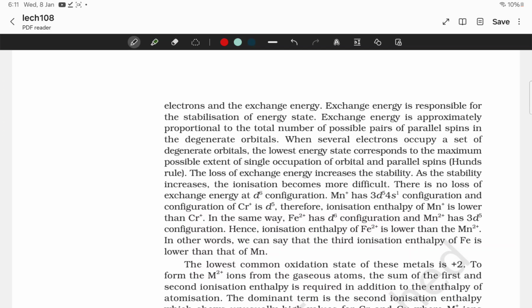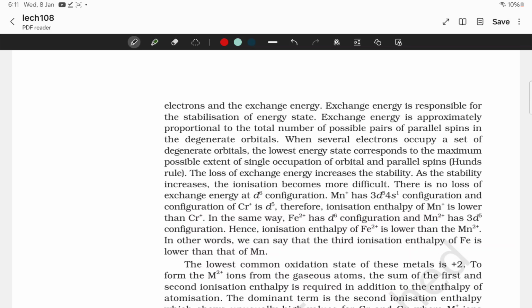Exchange energy is approximately proportional to the total number of possible pairs of parallel spins in the degenerate orbitals. When several electrons occupy a set of degenerate orbitals, the lowest energy state corresponds to the maximum possible extent of single occupation of orbitals and parallel spins. The loss of exchange energy increases the stability. As the stability increases, the ionization becomes more difficult. There is no loss of exchange energy for d6 configuration.